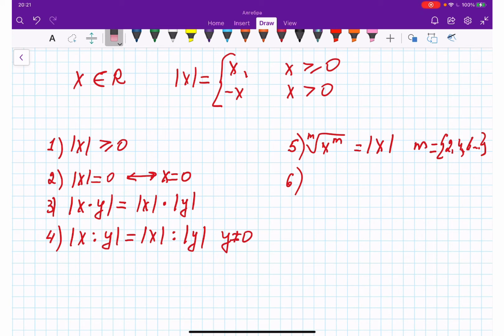Number 6: the absolute value of x to the power n is equal to x to the power n, where n is an even number.